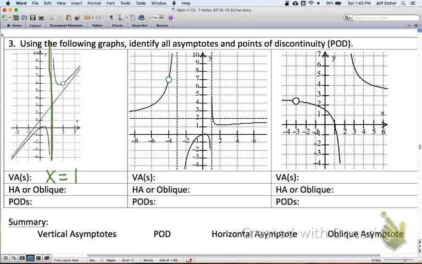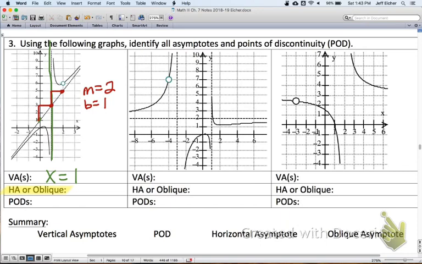Notice the directions here say horizontal or oblique. You can't have both. And this diagonal line is an oblique line. It looks like it starts at 1, and it has a slope of up 2 to the right 1. So that would be a slope of 2 with a y-intercept at 1.